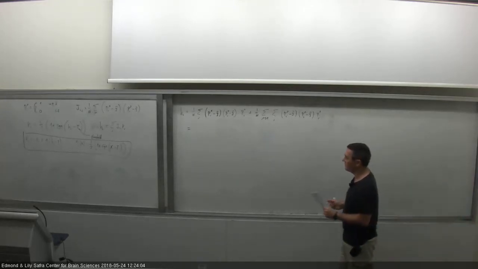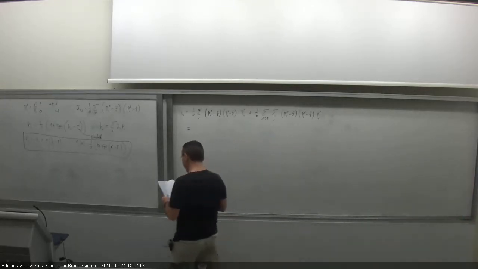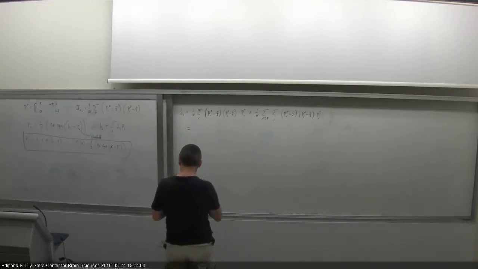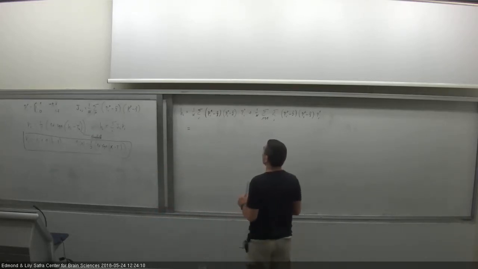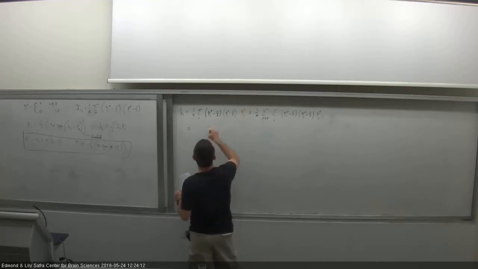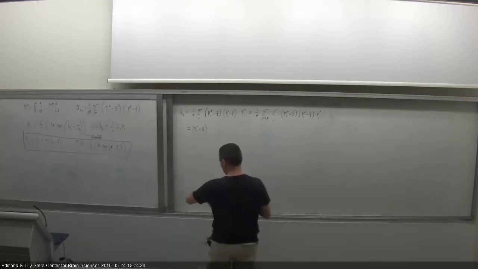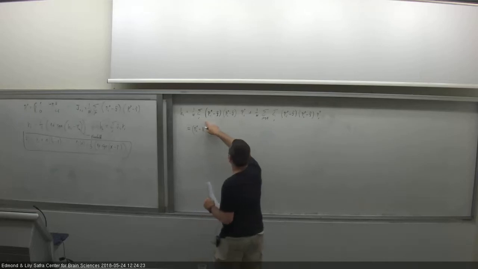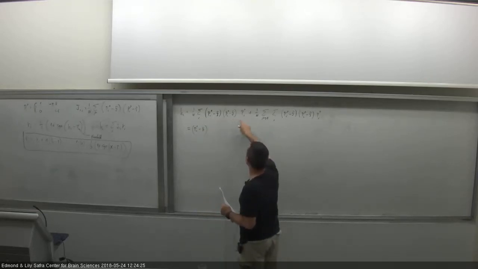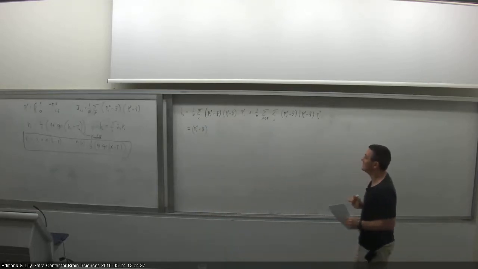So let's look at the first one. We can take pi1 minus f outside. And here we have 1 over n, sum over j of (pj1 minus f) times pj1.